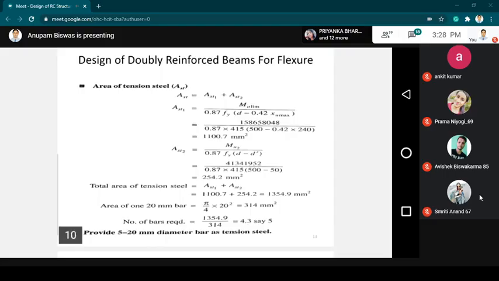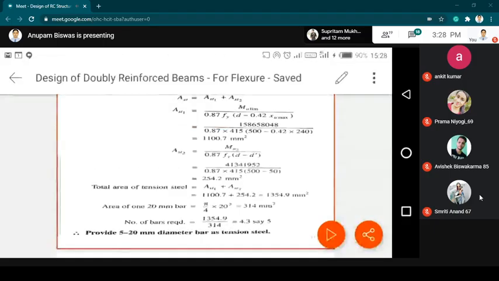So we can find the value of Ast1 like this, and Ast2 we know is for section 2, means the tension zone reinforcement for the compression zone reinforcement section. For the doubly reinforced beam, that is in terms of Mu2, it will be Mu2 by 0.87 Fy into d minus d dash.